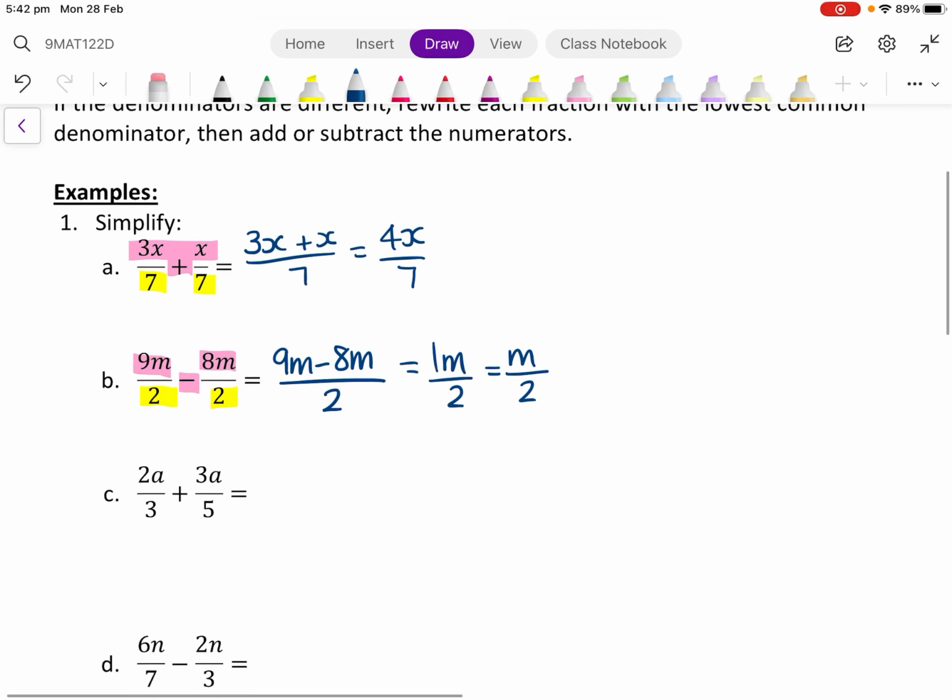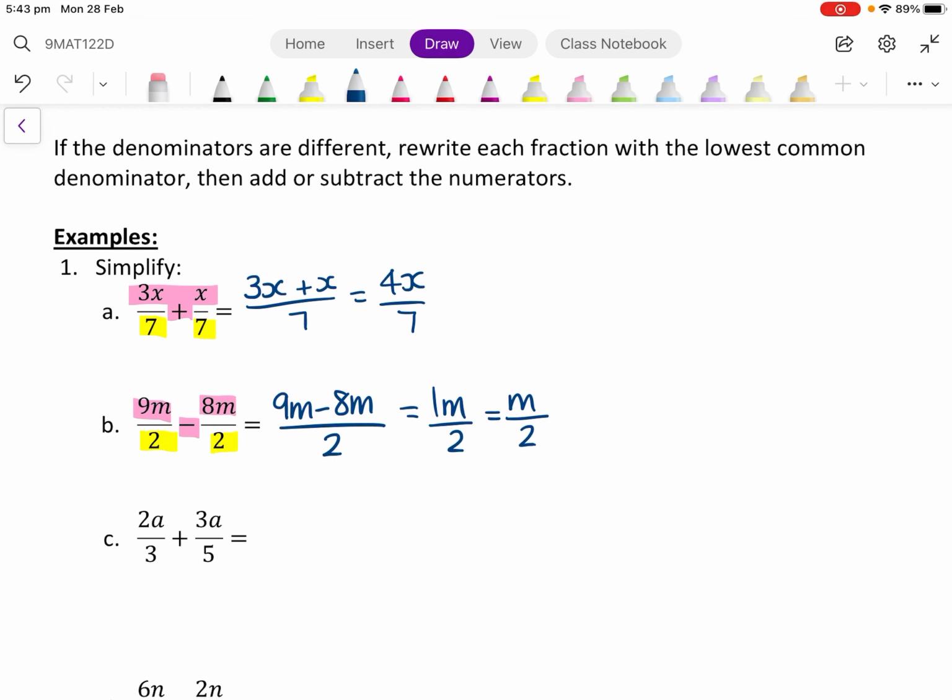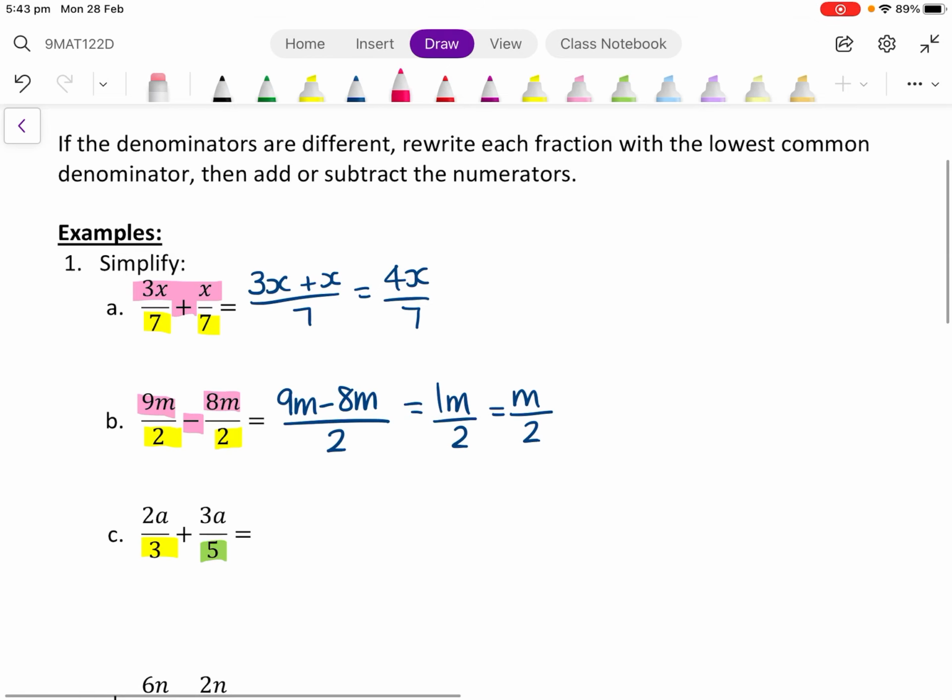For C, we have 2a on 3 plus 3a on 5. Now, you'll notice that our denominators are currently not the same. What we need to do is multiply the first fraction by the opposite denominator of 5 and multiply the second fraction by the opposite denominator of 3.